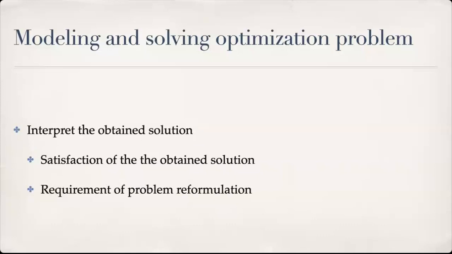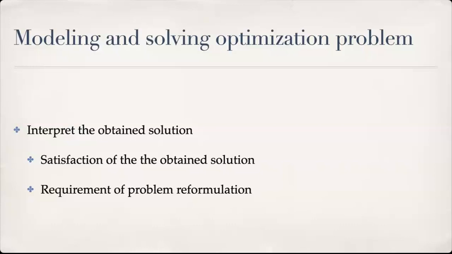And the next step is, once you obtain the solution, you have to interpret the obtained solution, okay? Why do we need the interpretation of the obtained solution? Because the optimization problem we formulate is solely an abstract of the real world problem, okay? It's not the same problem, right?